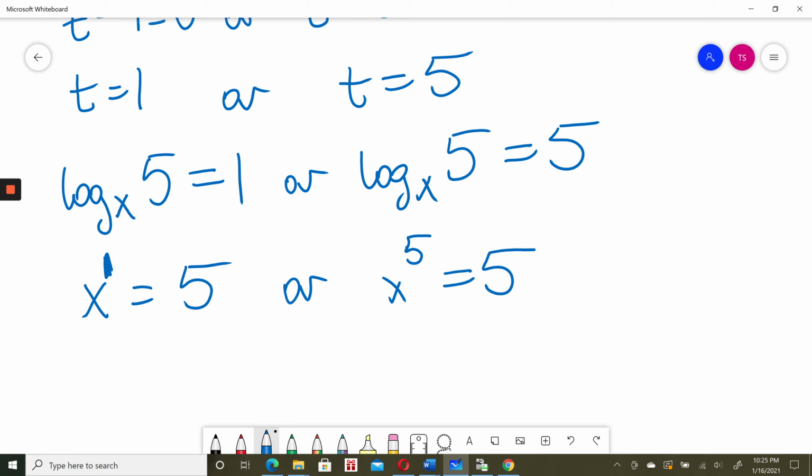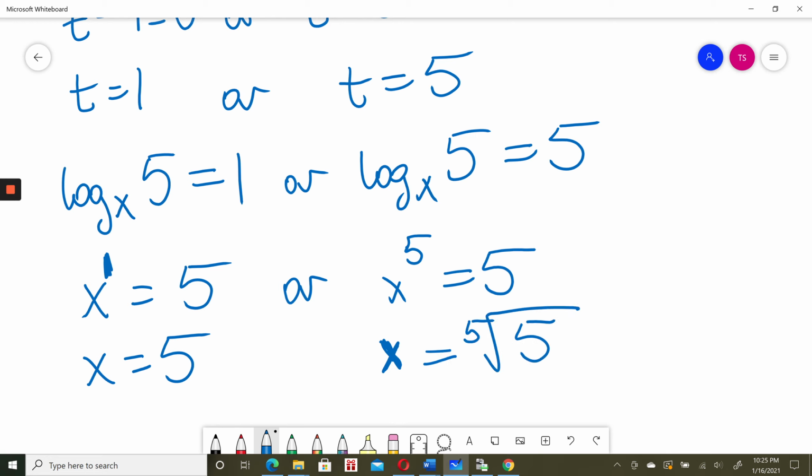So the first one, x is just 5, and from the second, to calculate x, I will just have to take the fifth root on both sides. So x is equal to the fifth root of 5.